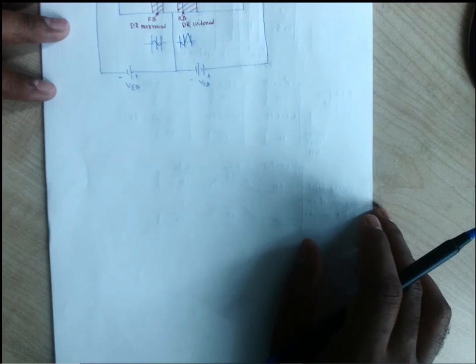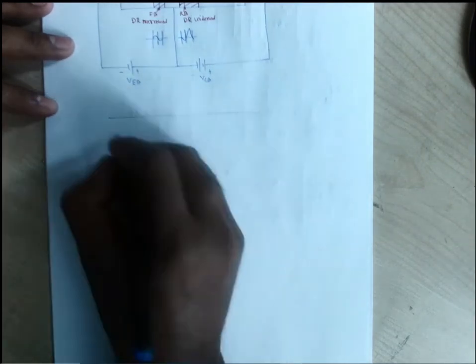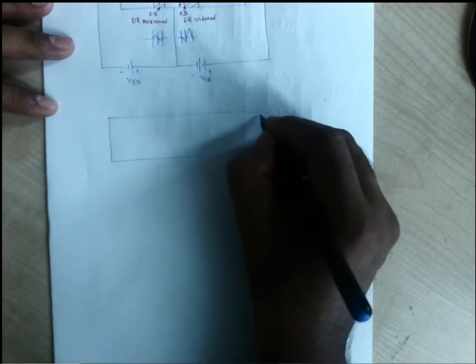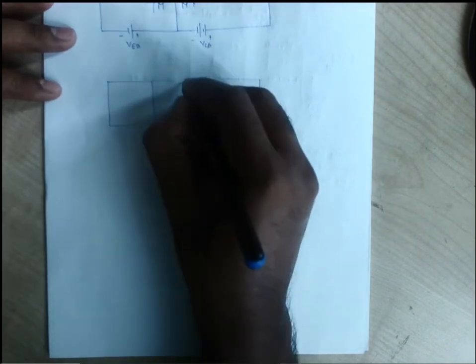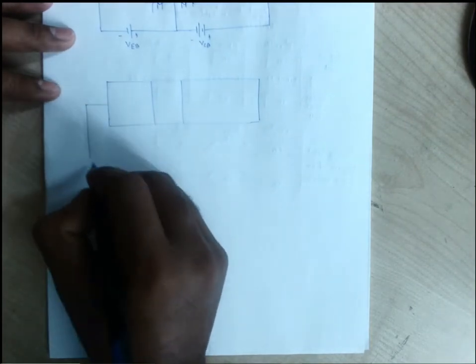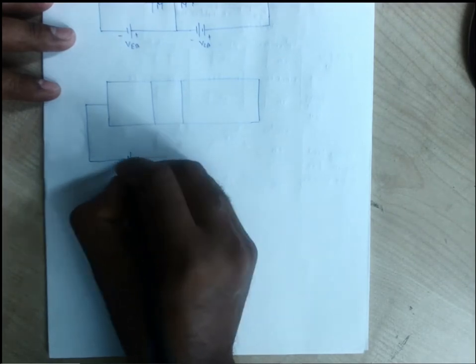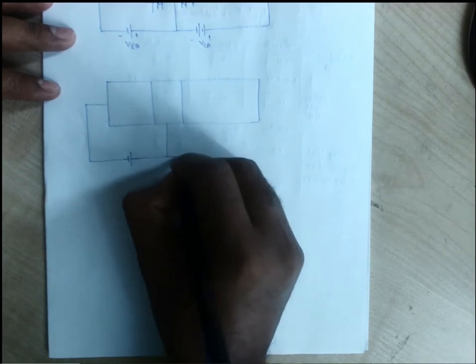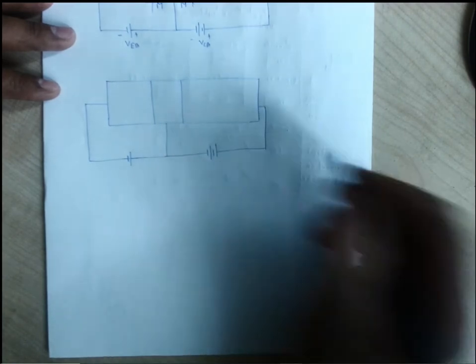What are the different charge carriers moving inside the NPN transistor while it is given the forward bias. Sorry, this has been given forward bias, and this has been given reverse bias.